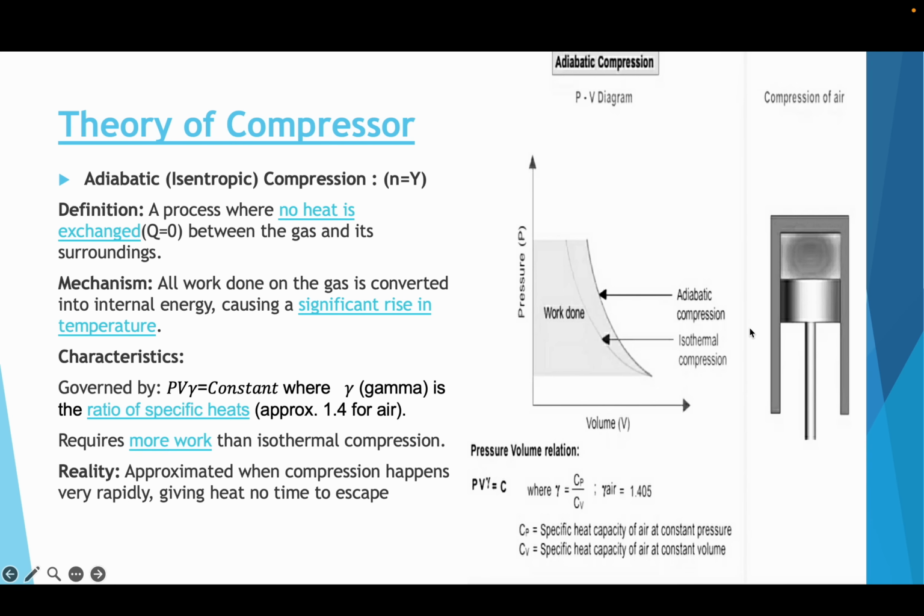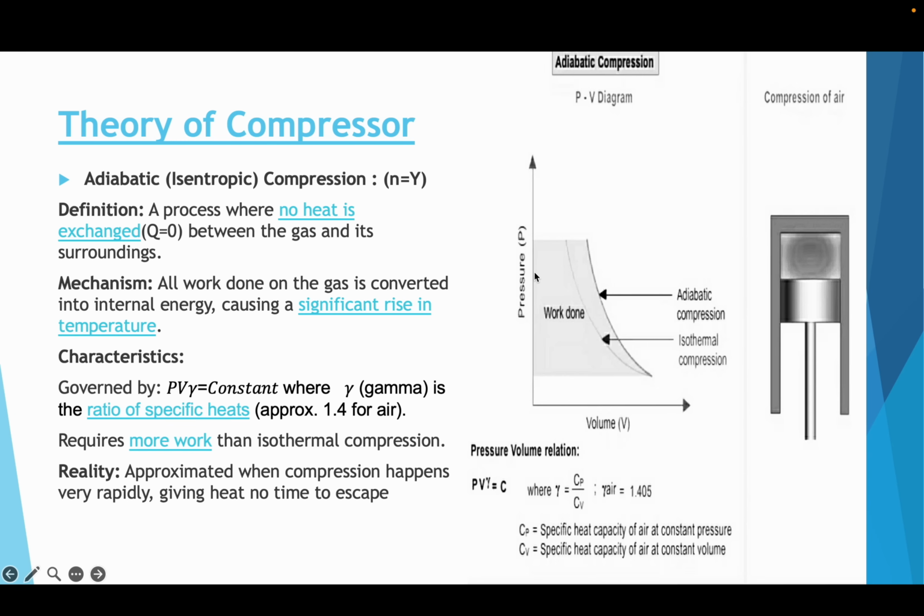Therefore the energy consumed for adiabatic compression is extreme. The maximum amount of energy consumed during compression is in adiabatic compression, and the least amount is in isothermal compression.